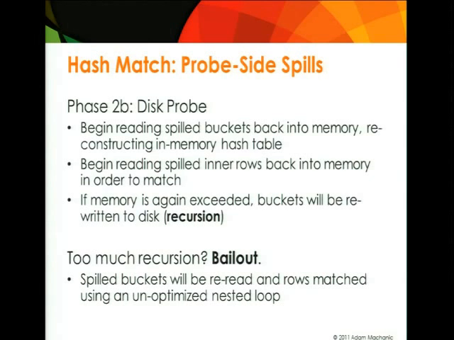So once recursion has gotten to be too much, the plan bails out. And bail out means that it basically goes right back into effectively an unoptimized nested loop where it can hit that inner table over and over and over. This means that it will use very little memory, but it might take basically forever to finish. So bailout, not a very nice thing.